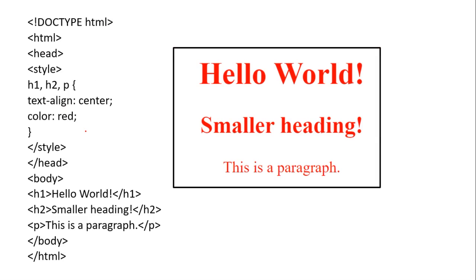So let's look into an example. In this example, we have heading 1, heading 2, and then we have a paragraph. Suppose we want all of these to have the same font color, same font size, or some same CSS properties. Inside this we can use different selectors separated by a comma.